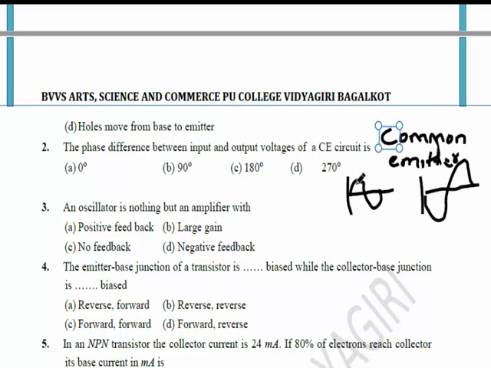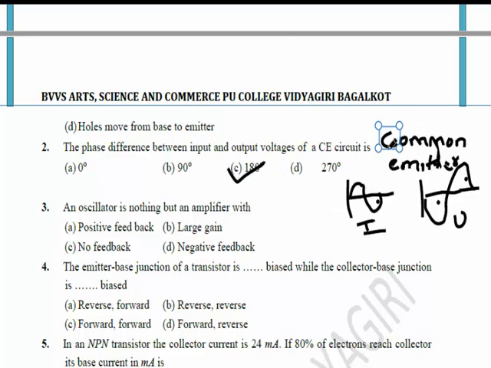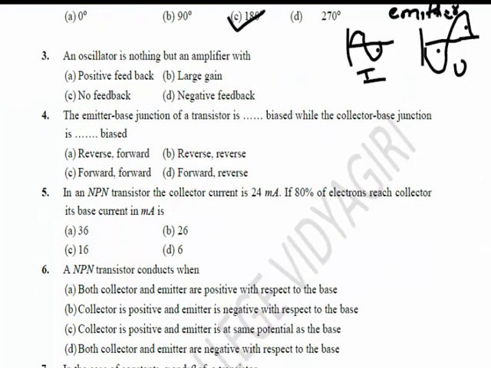For positive input you get negative output, and for negative input you get positive output. If input and output are opposite, it means 180 degrees. So the third one, C, is the correct option.